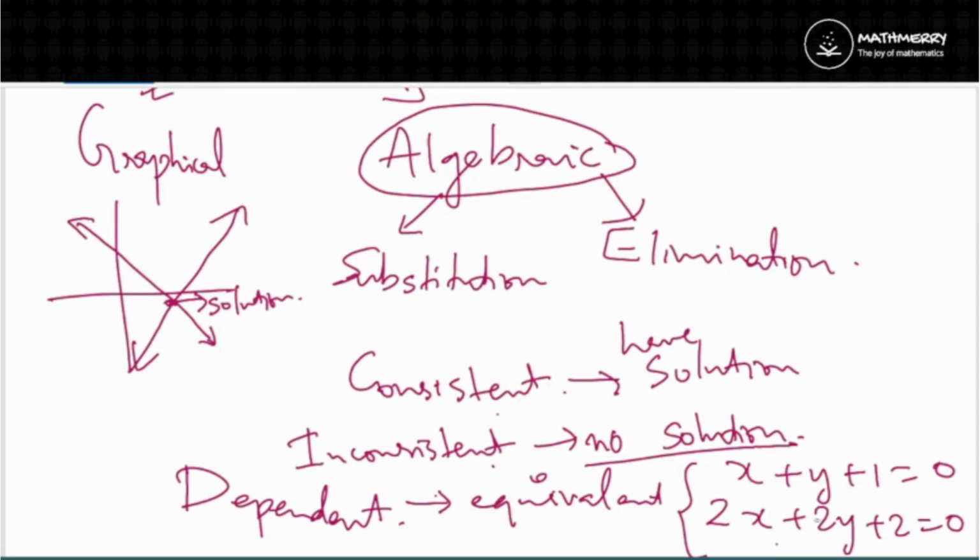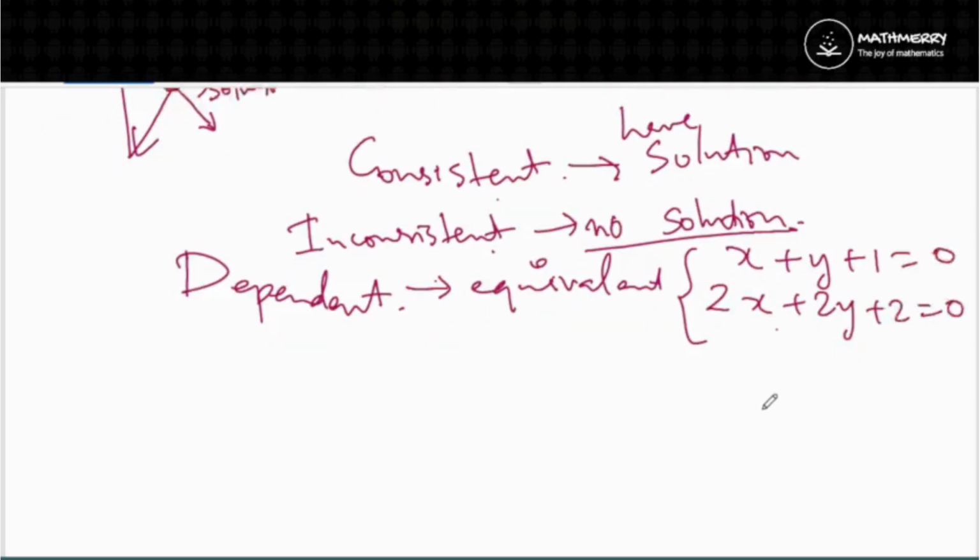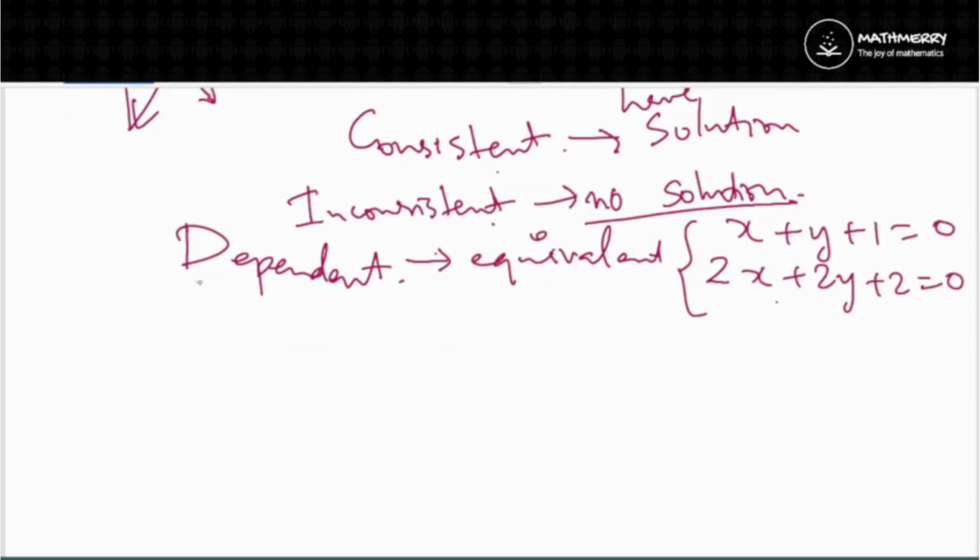This pair of linear equations, both will have the same solution, or we can say infinitely many distinct solutions. And also the dependent pair will always be consistent. Why? Dependent pairs of linear equations are consistent.